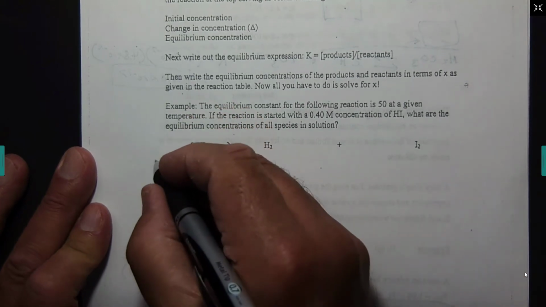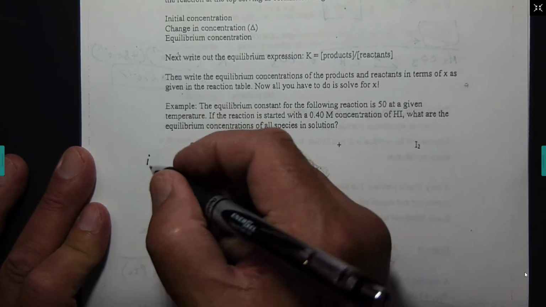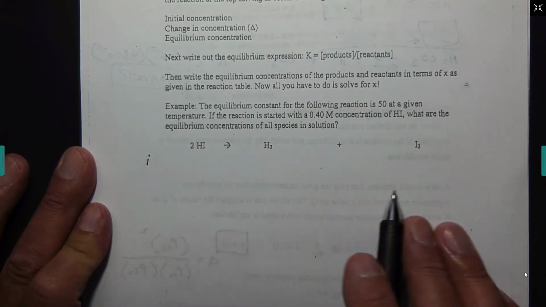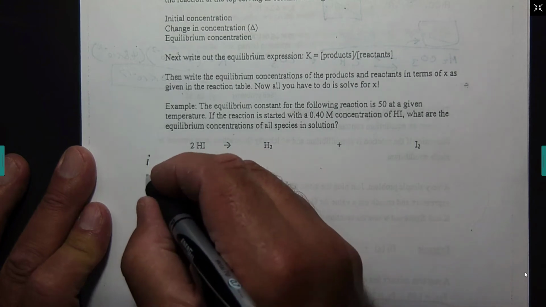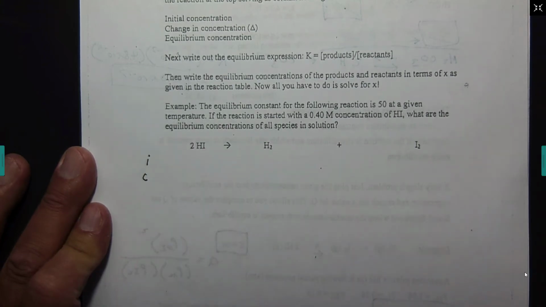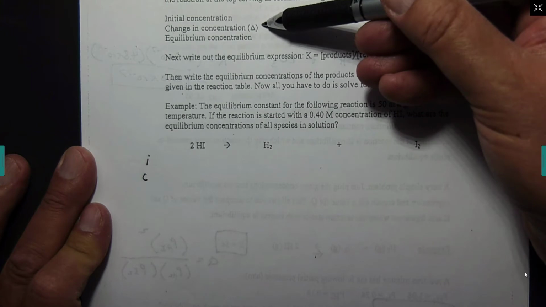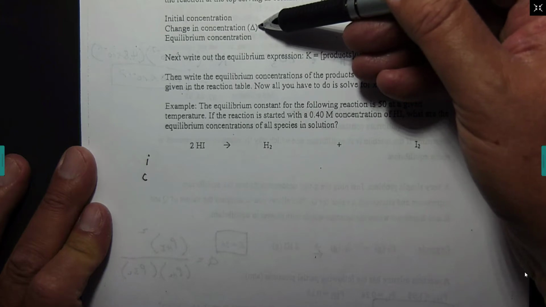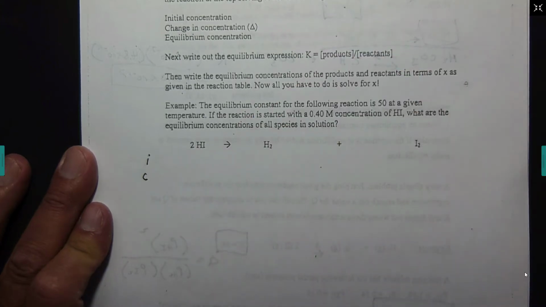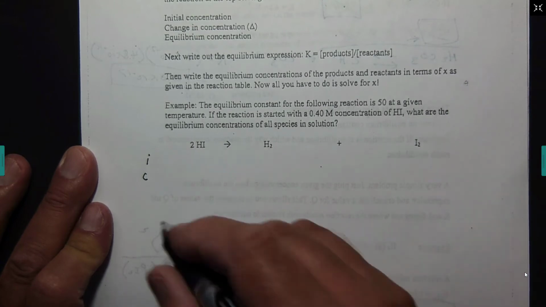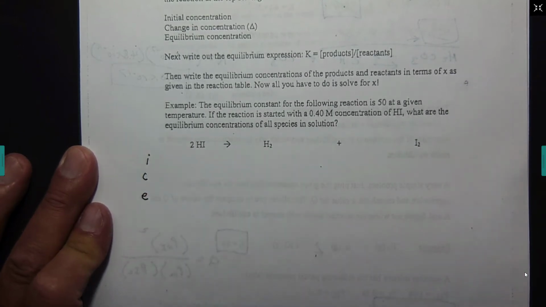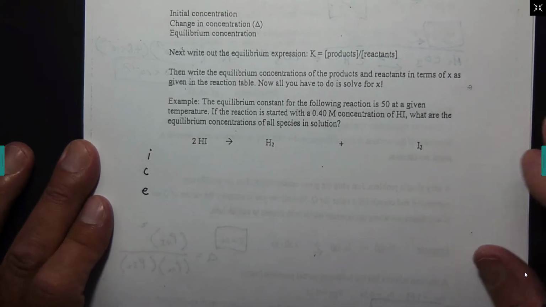We'll call that I. You're going to have a row that indicates the change in concentration. You can say C for change. Some people will use a little triangle. Throughout the sciences, every time you see that little delta symbol, it means change. I'll use C for change. You're going to have a row in this table indicating the equilibrium concentrations of everything. So that's a reaction table.